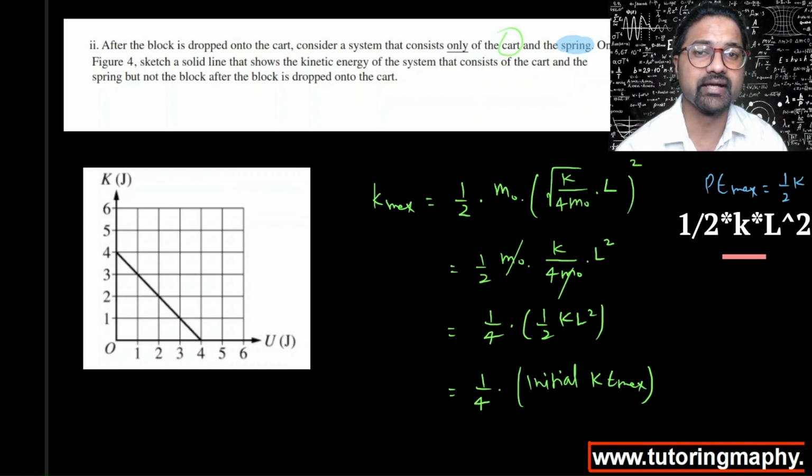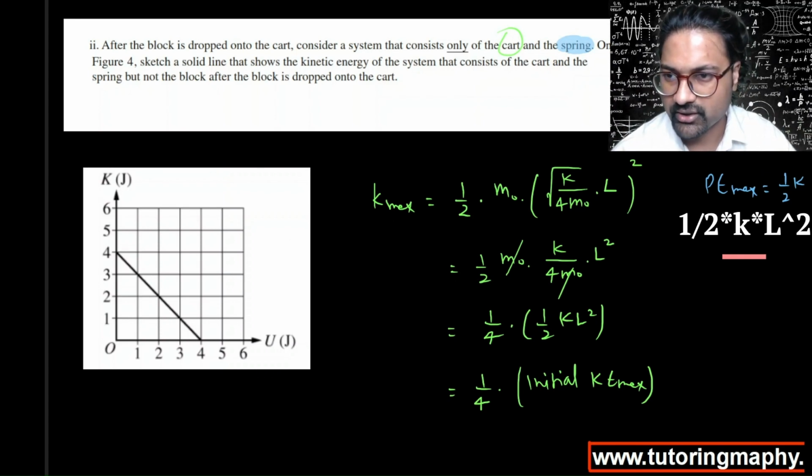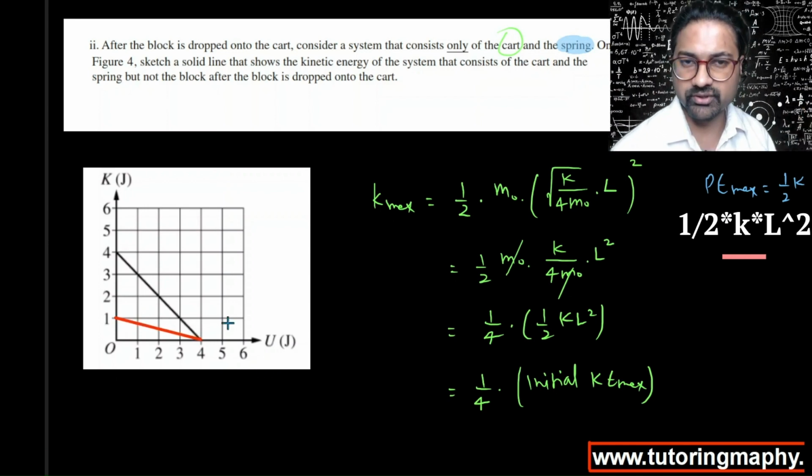However, the maximum kinetic energy will now be only 1/4 of the initial. What was the initial? 4. What is 1/4 of 4? It's 1. So the solid line is going to look like this. It starts from 1 now, and it still goes to 4. So this is how the kinetic energy versus the potential energy of the cart-spring system is going to look like. I hope this question makes sense. It was not difficult, entirely conceptual.